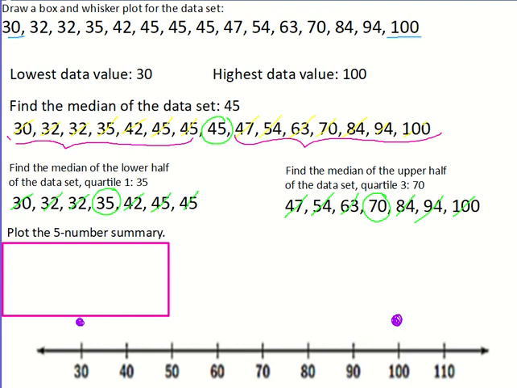At 45. 45 is halfway between 40 and 50, so approximately right here. At 35, 35 is halfway between 30 and 40. And then at 70, that's my quartile 3.